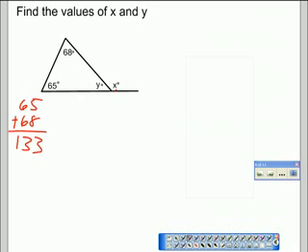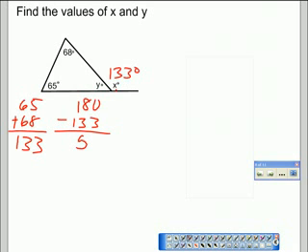Well, that I know right now just from what we did, that's what x is. That's 133 degrees because these two angles are the other two that aren't next to it. Now I use that 133, take it away from 180, 47 degrees. So y is 47 degrees. That's not bad, is it? Simple arithmetic.